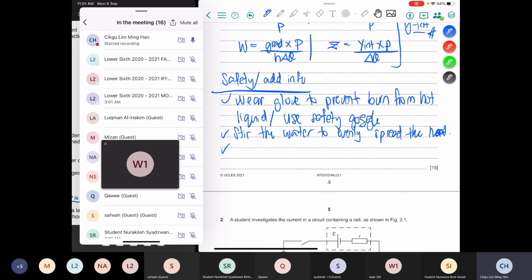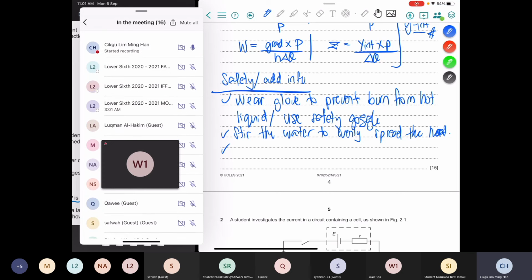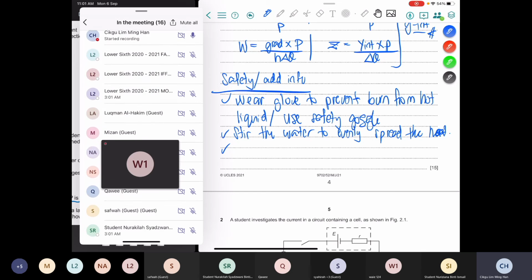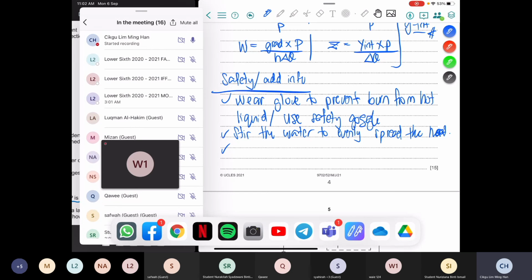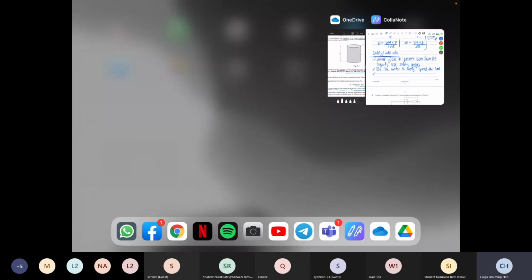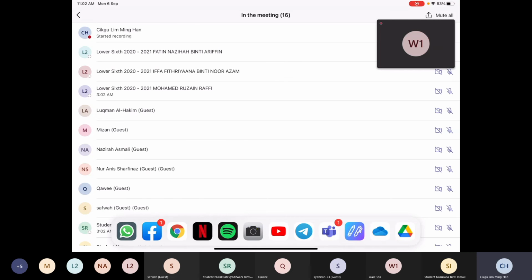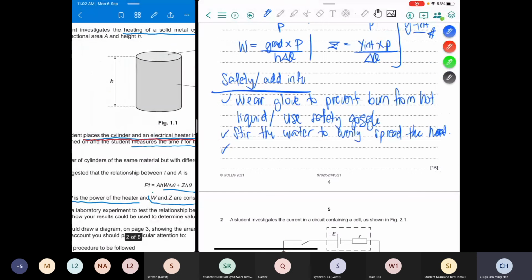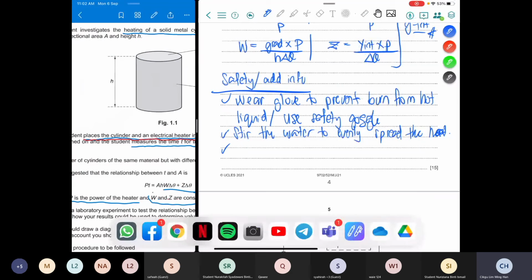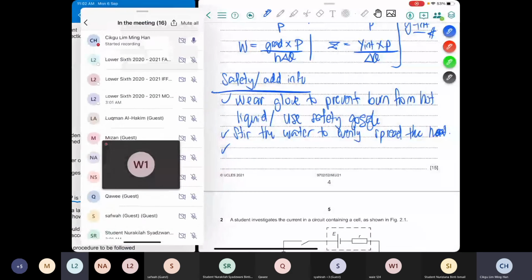So you go back to the front again. We have Fatin. This is not Fatin. Is that Faiza? Oh, Fatin Naziha, sorry. Fatin Naziha, are you there? Yes, sir.